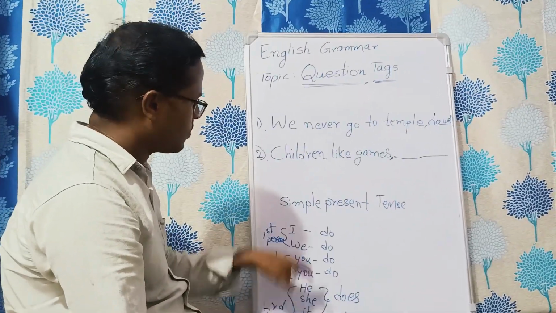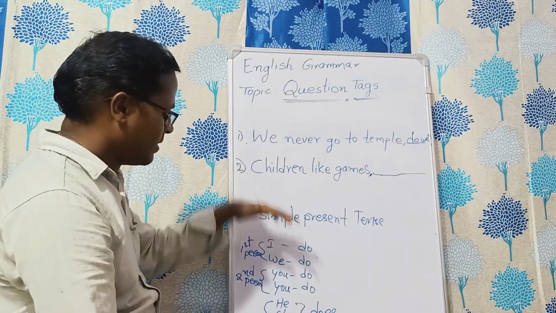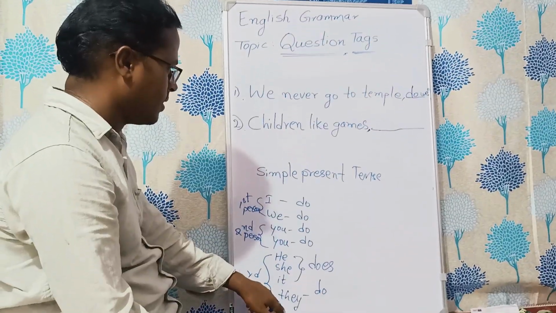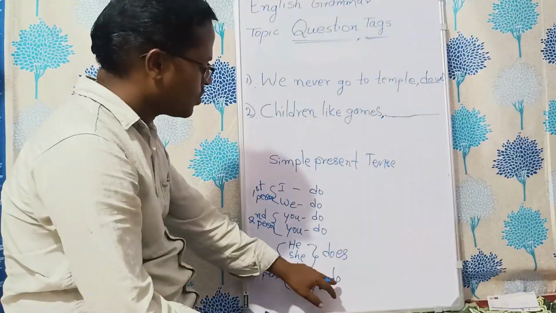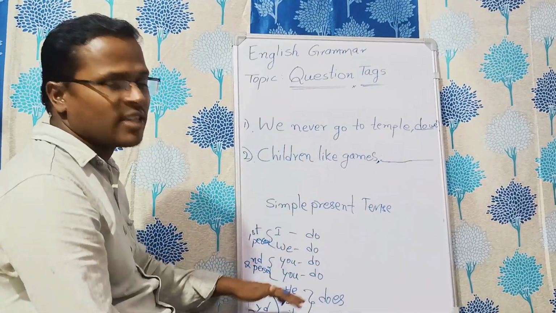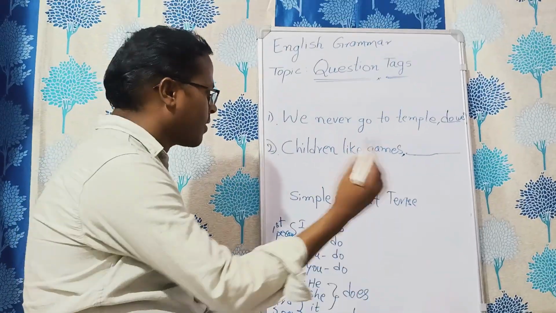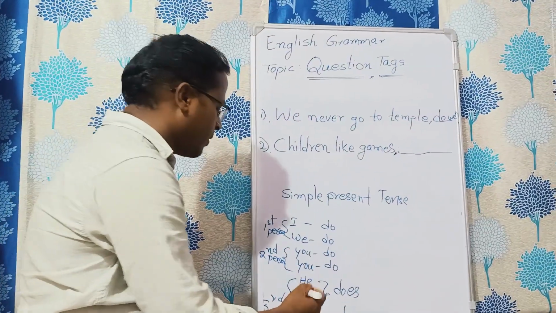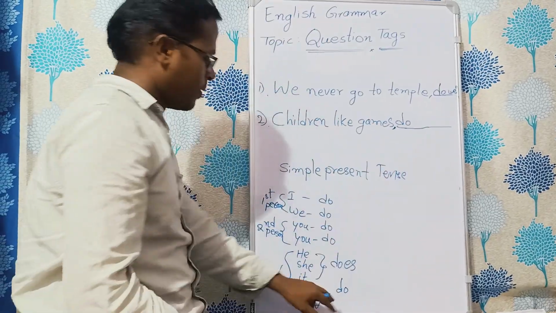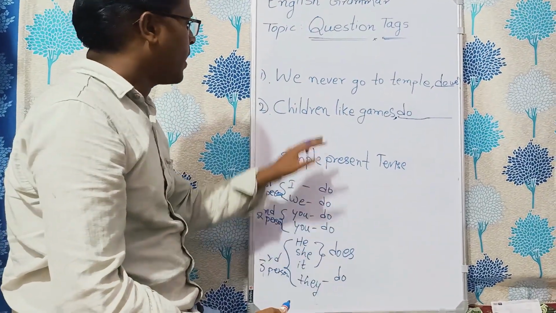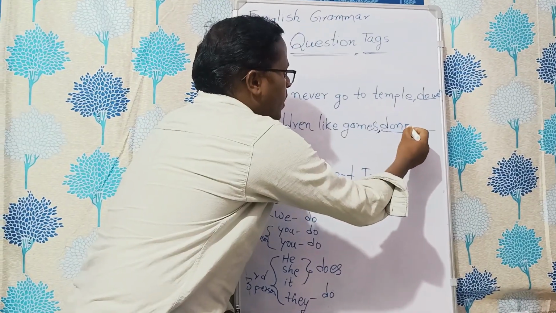Children's subject pronoun is nothing but "they," and the helping verb we have to use is do. Keep this structure in your mind, take a screenshot, and practice. So here I use the helping verb do, and the sentence is positive, so we have to make it negative.